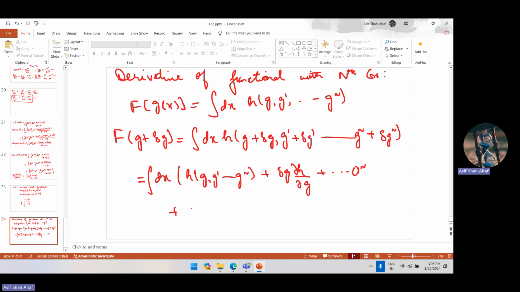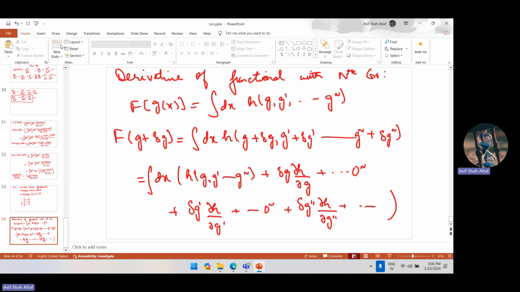Then there will be delta G dash and the higher order terms. And then for the third one, you will have delta G double dash, and then again higher terms and so on. Okay, so I have taken only up to the first three linear terms here.